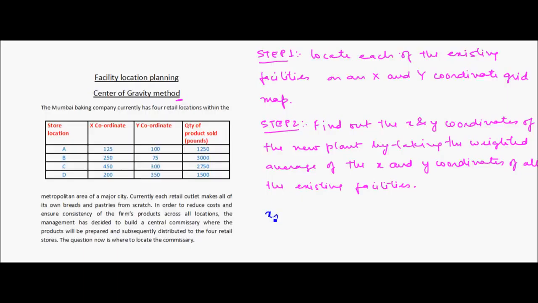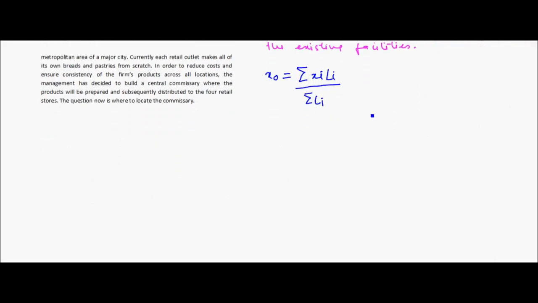So X0, the X coordinate of the new location which we are trying to find, is equal to the sum of the multiplication of Xi and Li divided by the sum of Li, and Y0 is equal to the sum of the multiplication of the Y coordinates and Li divided by the sum of Li.